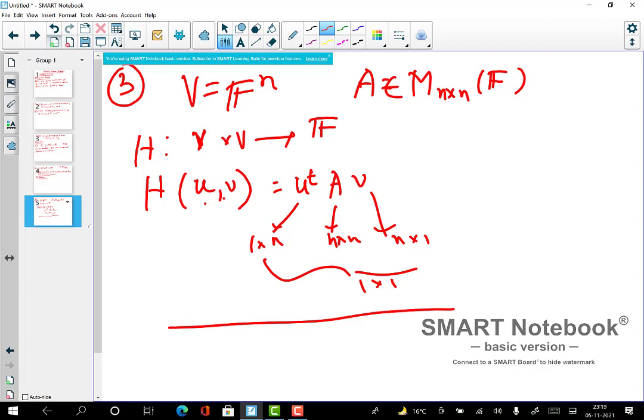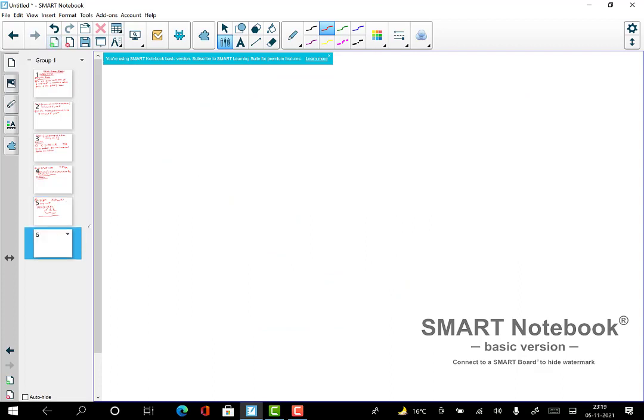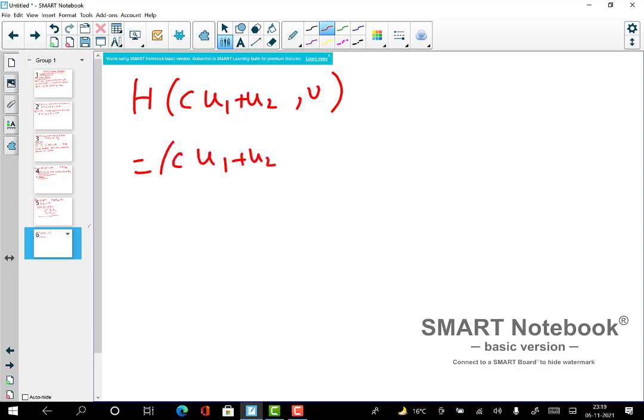And how do you prove it? So you start with, say, a constant c times u1 plus u2, and then v, and you see by definition it will be (cu1 plus u2) transpose A v. Okay, and then obviously matrix multiplication is associative.